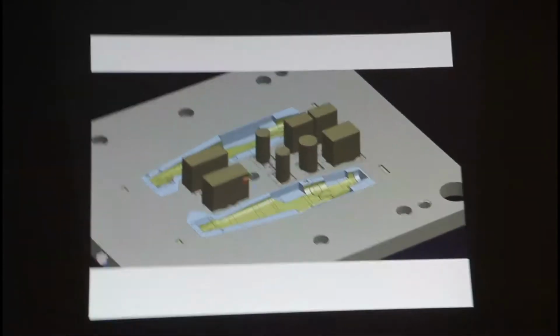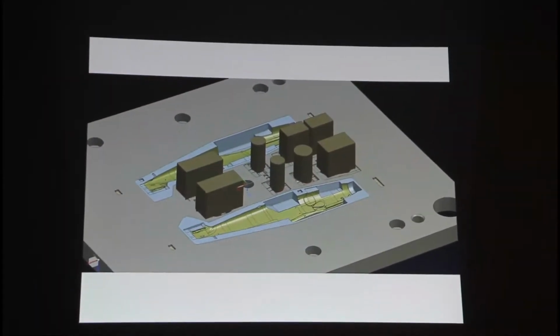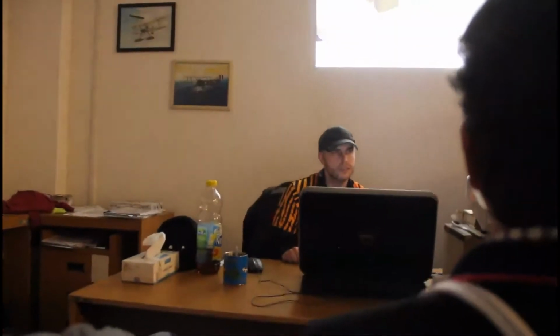We are using the electrode for final details. The milling is not so precise in this case, because to create all the minor or fine details on the mold, we use the electrodes and the electro-abrasive method, as you saw downstairs.